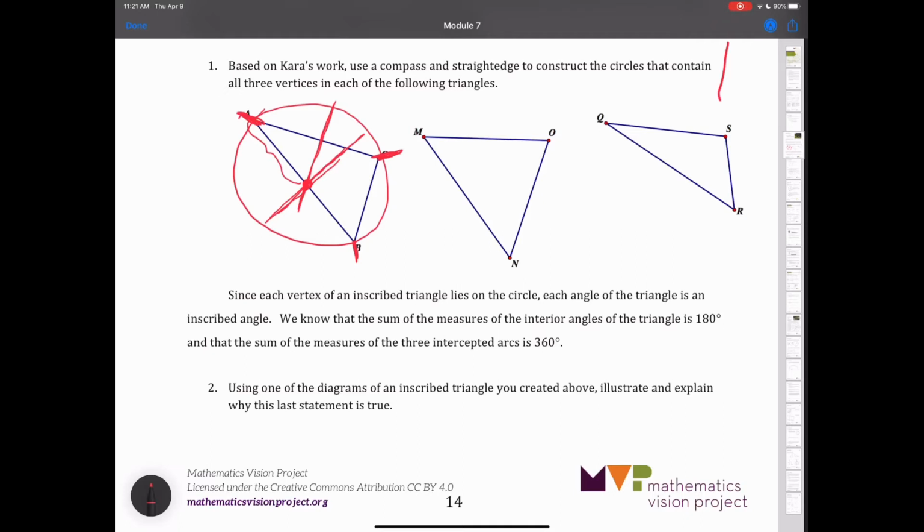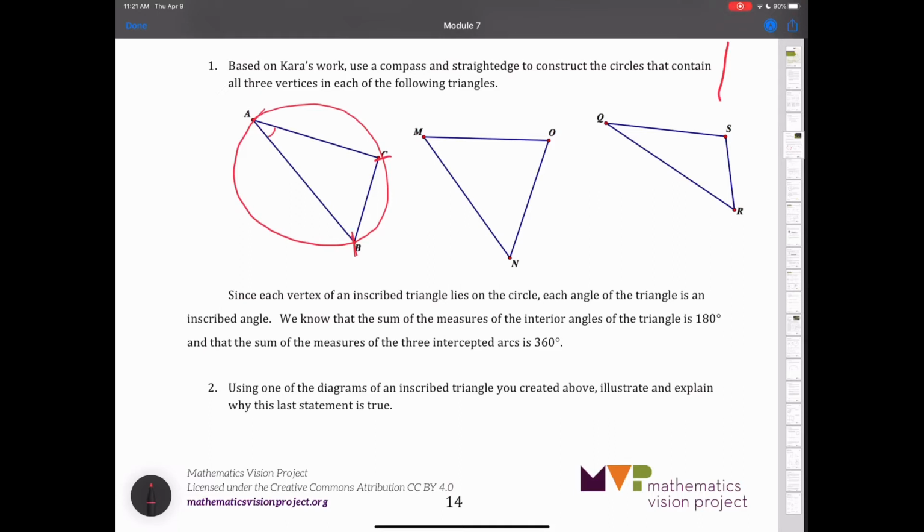Essentially, let me clarify some things for a minute. Each of our inscribed angles intersects one portion of the arc, like we were just talking about.